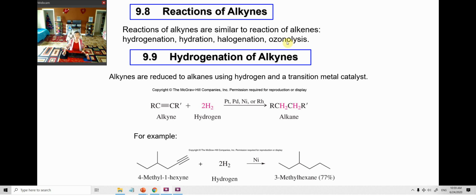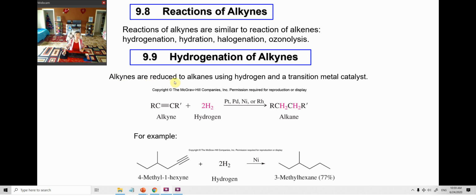You are going to use a strong oxidizing agent such as O3 to break down the triple bonds and convert this alkyne to carboxylic acid compounds. That's essentially the chemical reactions we are going to study, and we are going to discuss each type of reaction one by one.